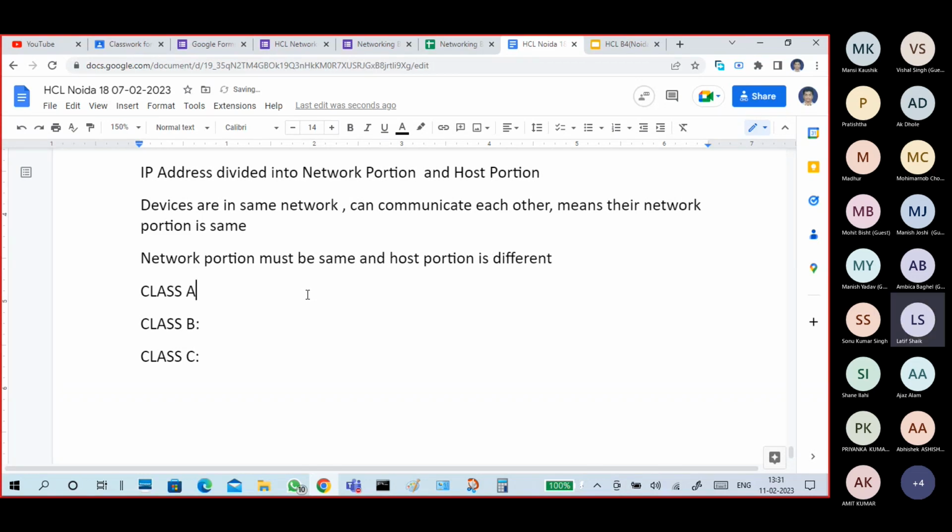This is default information, which may vary from one class to another. What is the class A range? 0 to 127. Of course, we use only the 1 to 126 range. 0 and 127 we are not using. Then 128 to 191, and 192 to 223 for unicast addresses.